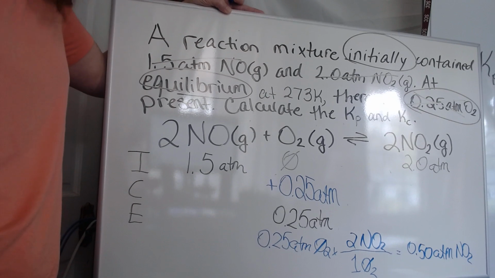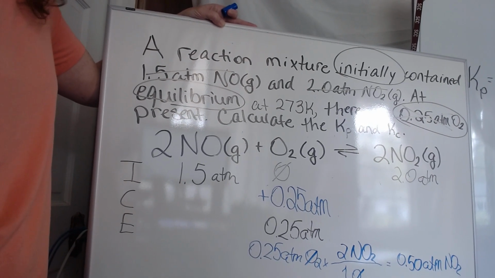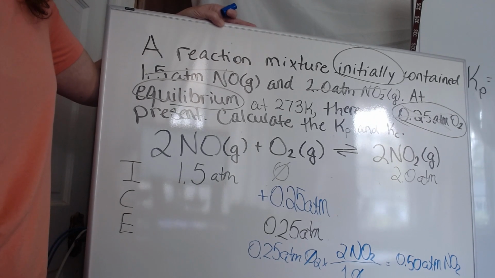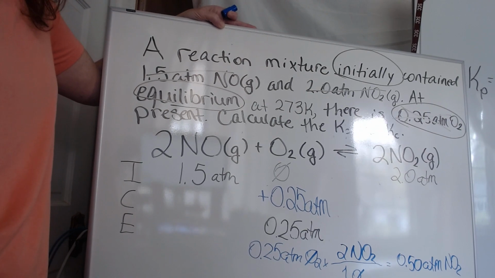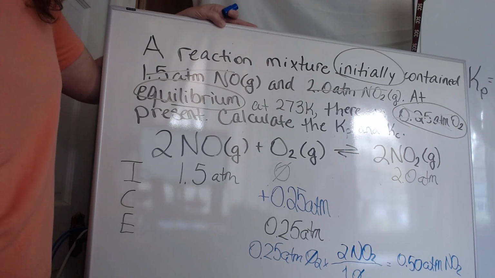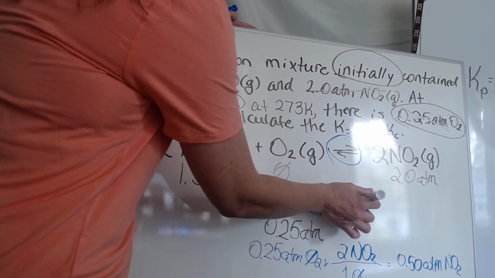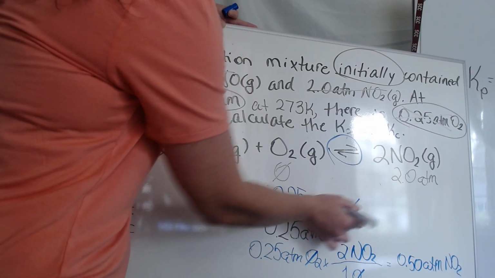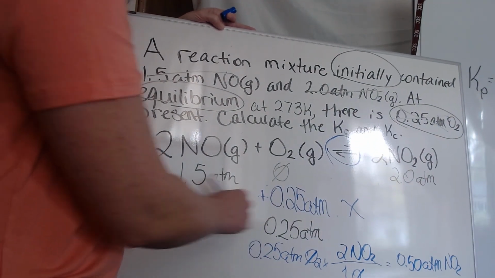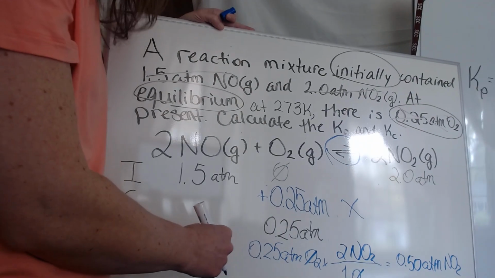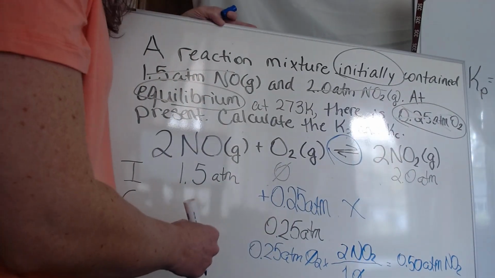The row that is the change is how much amount is either created, that's produced, or how much reacts. Oxygen has to be created because it didn't have any at the beginning. If oxygen is created on the right side, the change will happen right here. It must be reacting on the left side, because the only way to create oxygen is for this NO2 to break down.